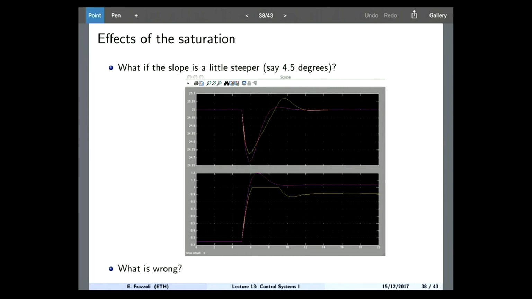Now, what is happening? Why do you have this peak for the nonlinear controller? You can get a sense of what is happening by looking at the control input. What you see is that for the linear approximation, the control value happily goes to some very large value. But in reality, your maximum control in this case is 1.